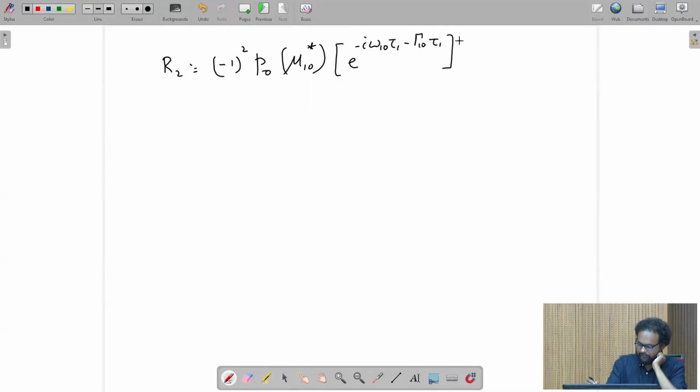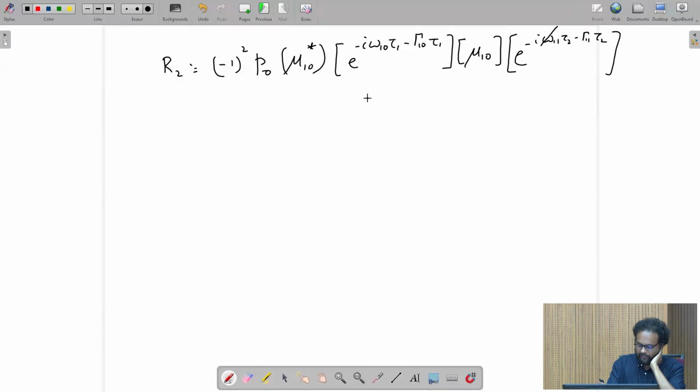After that, you come with the second field from the ket, so that will be mu 1 0 again, the dipole, followed by the time evolution. In this case, the time evolution is happening in the excited state population. So this is minus i omega 1 1 tau 2 minus gamma 1 1 tau 2, and of course omega 1 1 is 0.